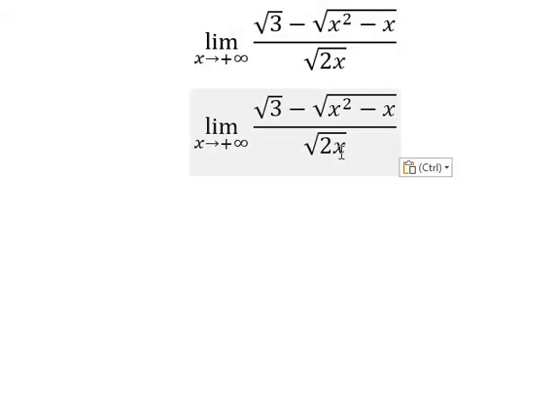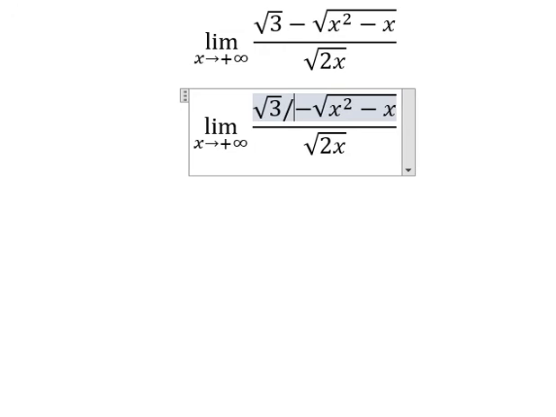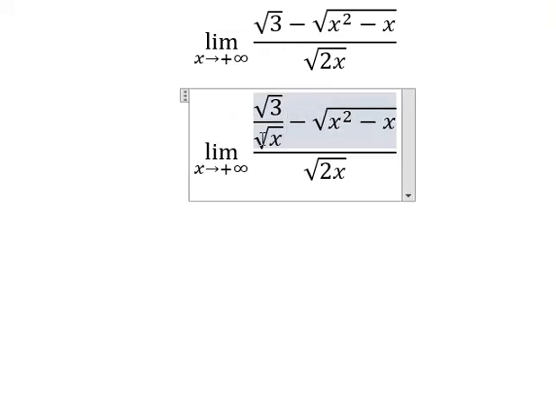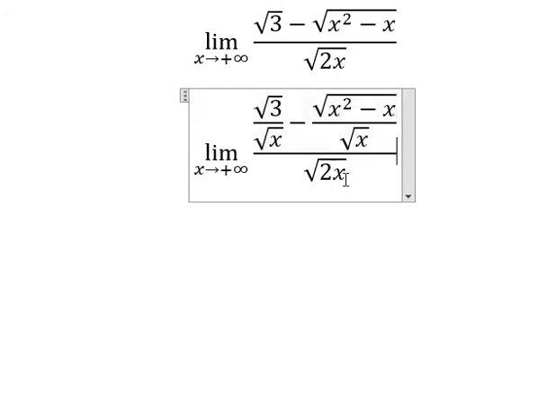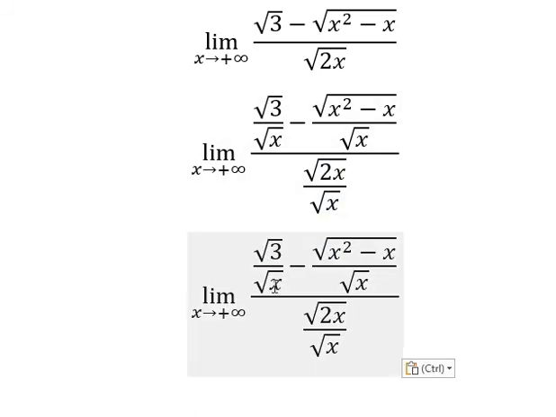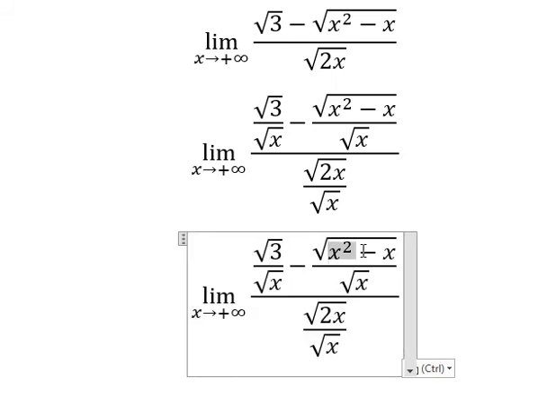We need to divide by the square root of s on numerator and denominator. Next, s will go inside the square root of this one, and this one.